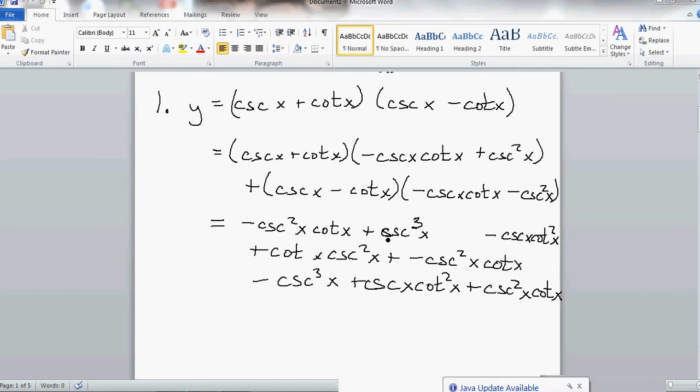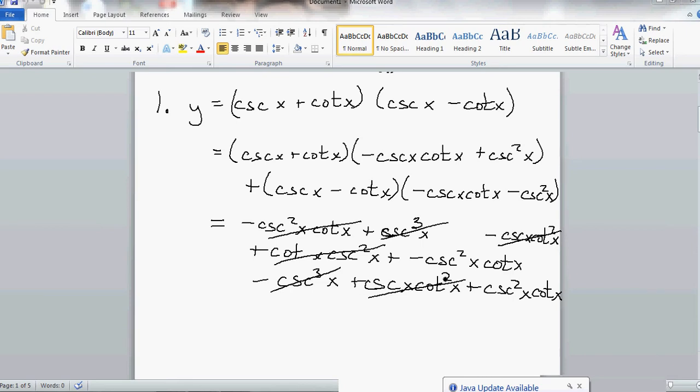Okay, now notice what happens. Cosecant cubed x minus cosecant cubed x. Negative cosecant squared cotangent x and a positive cosecant squared cotangent x cancel each other out. Negative cosecant x cotangent squared x plus cosecant x cotangent squared x cancel each other out.